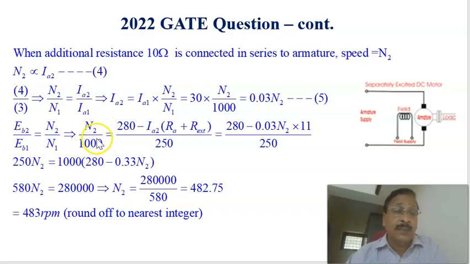From this equation, 250 N2 equals 1000 into 280 minus 0.33 N2. If you solve this, N2, the motor speed in the second case, is 482.75, or rounding to the nearest integer, 483 rpm. Therefore, when an external resistance of 10 ohm is connected, the motor speed reduces to 483 rpm.